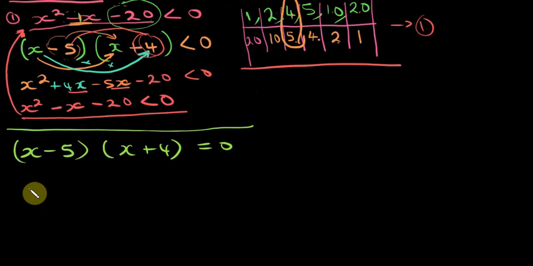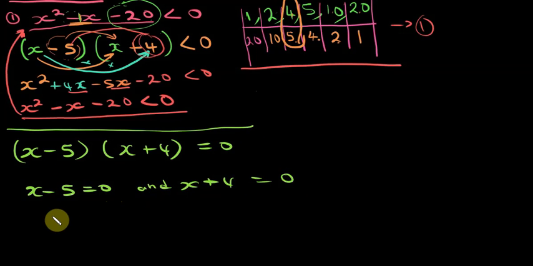So x minus 5 equals 0 and x plus 4 equals 0. From here we see that x is equal to 5 and x is equal to minus 4.